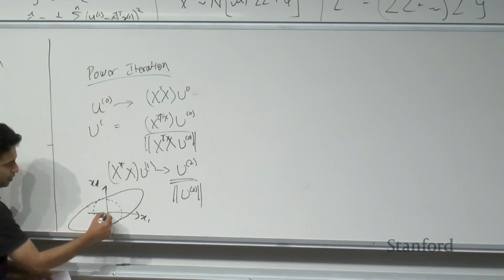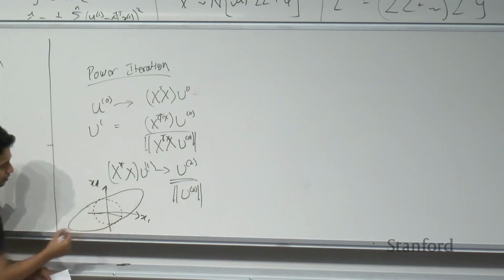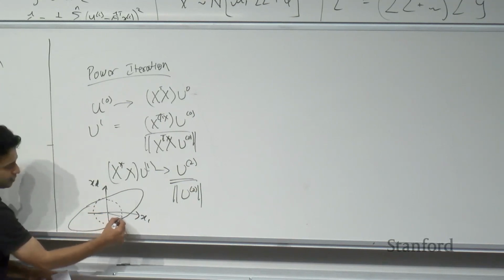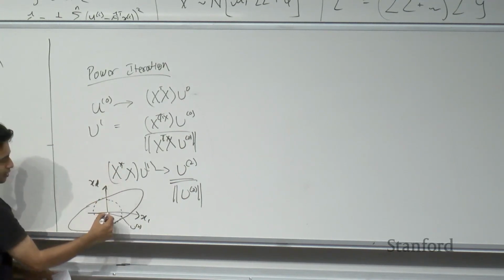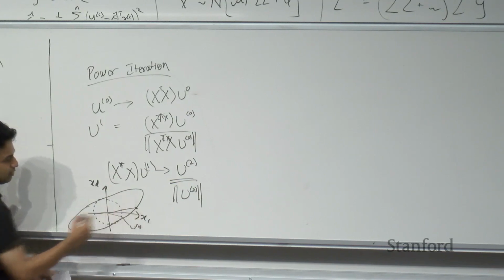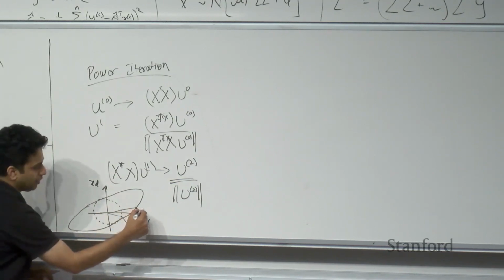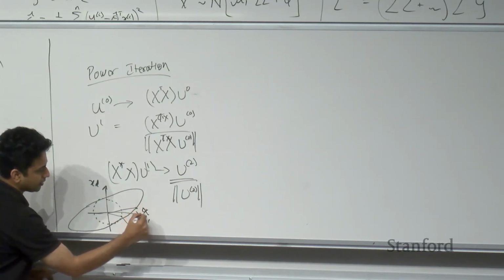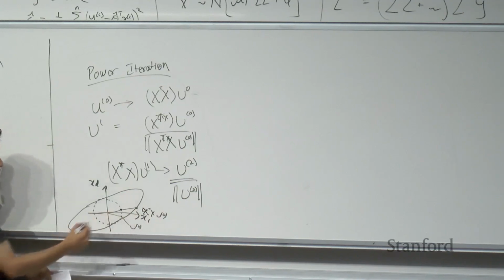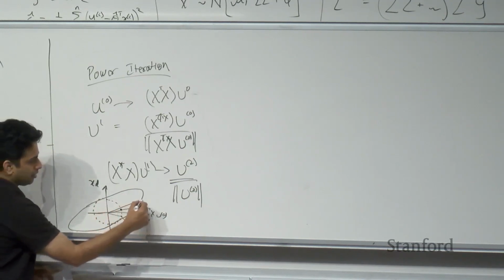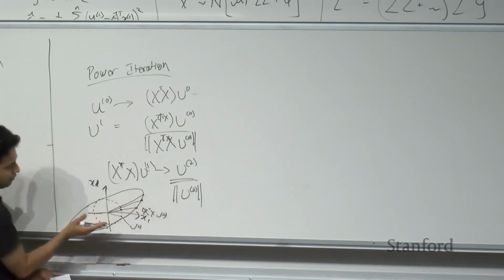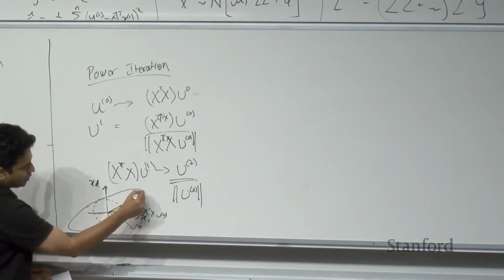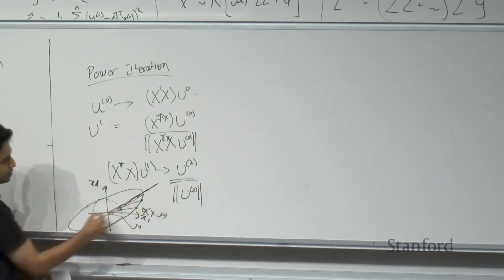So if this is u naught, multiply it through X transpose X, and you may get this point. Then rescale it back to unit length, multiply it through X again, and you will get this, and eventually this will always converge to the principal axis of the ellipse, which is the eigenvector.